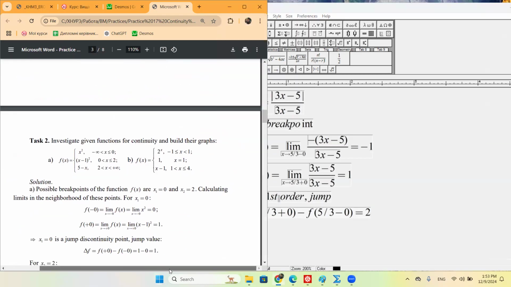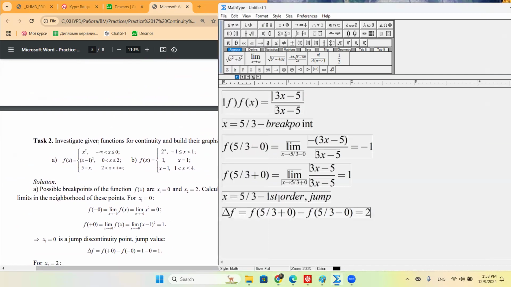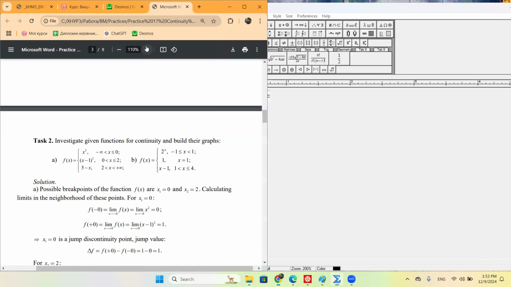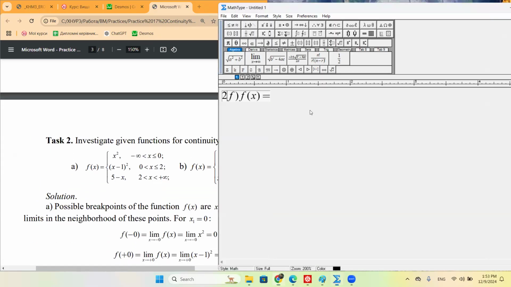So now we need to investigate functions and build their graphs. Task 2. Okay, I will not rewrite this expression for the function. It is in front of our eyes.